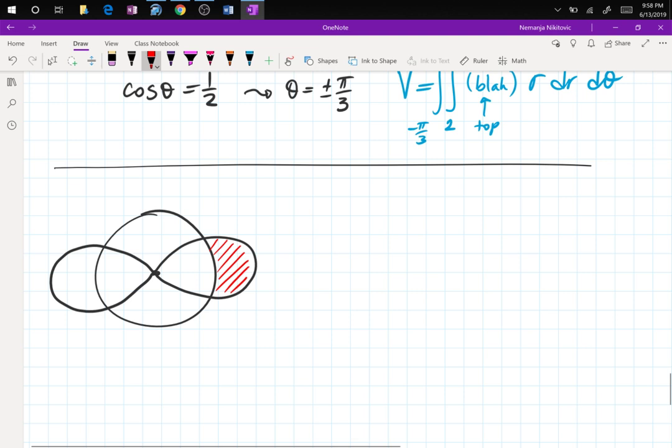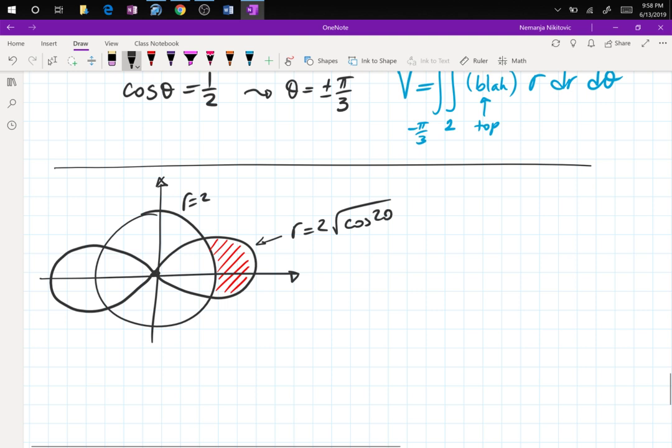The formulas are, well, I should now draw the x and y axis, I guess. And the formula is r equals 2 for the top one. And the bottom formula here, this one, is r equals 2 square root of cosine 2 theta.